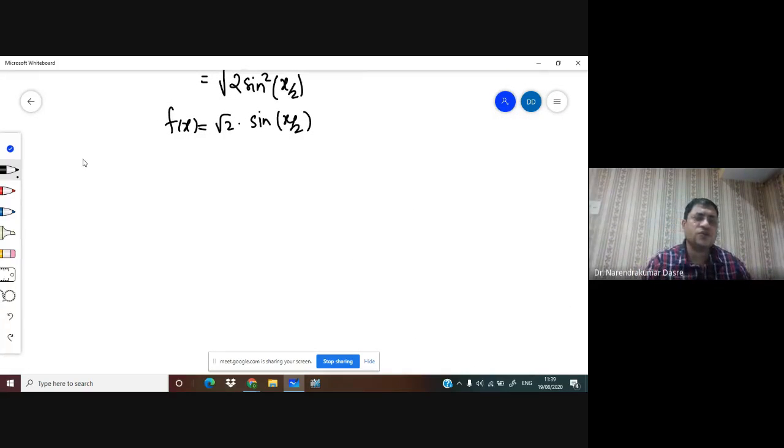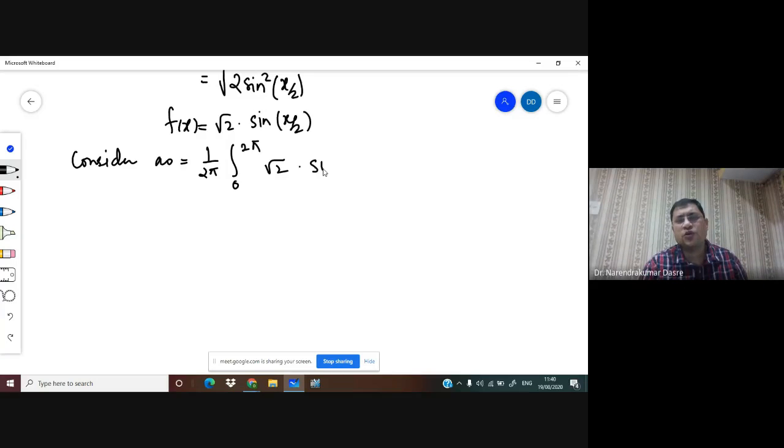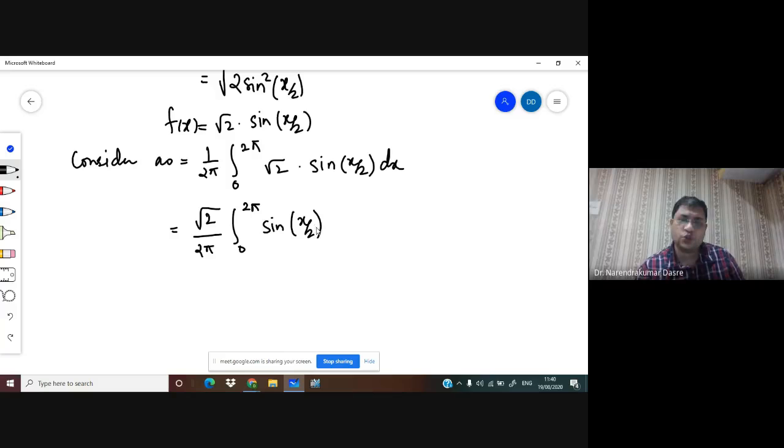So consider, first we'll find out a0. So 1 upon 2 pi integral 0 to 2 pi f of x, that is root 2 sine of x by 2 dx. So I can have this root 2 upon 2 pi integral 0 to 2 pi sine of x by 2 dx.